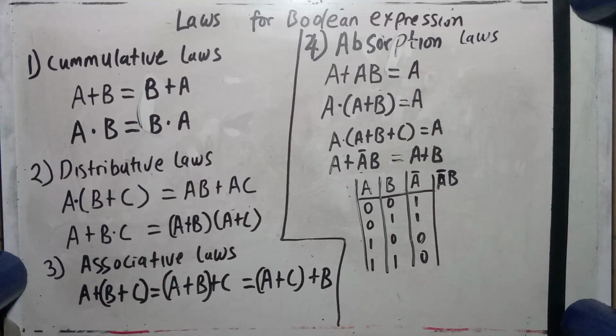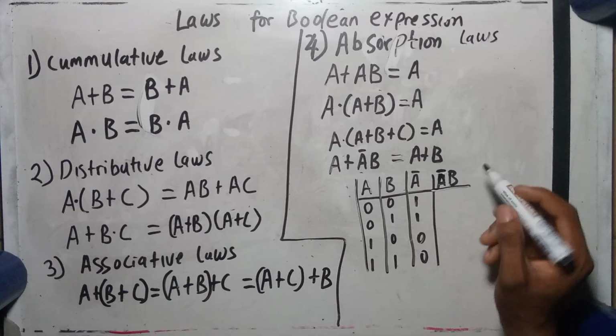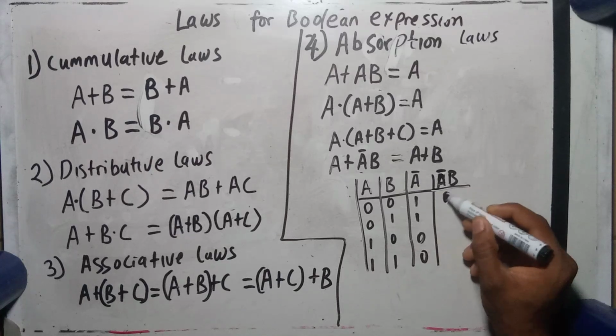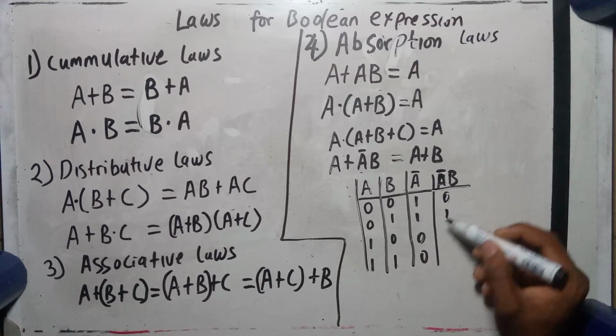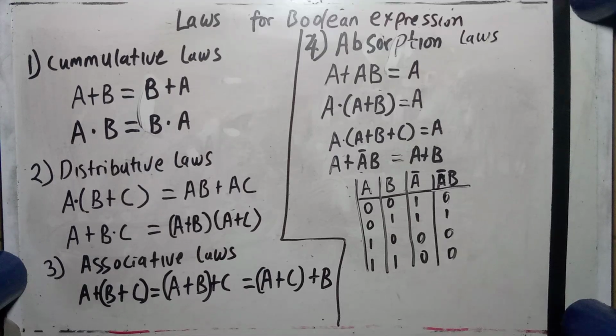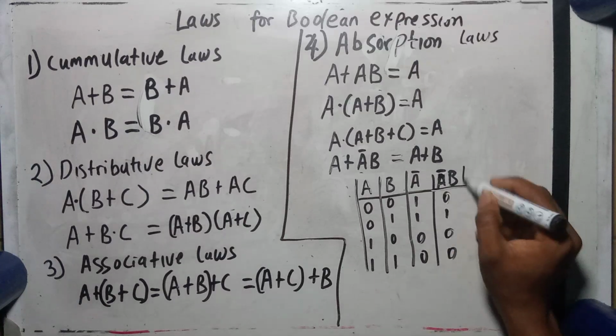Yeah. So this times this will give us 0. This times this is 1. This times this 0. This times this 0. Okay. Now what will our final answer then be?